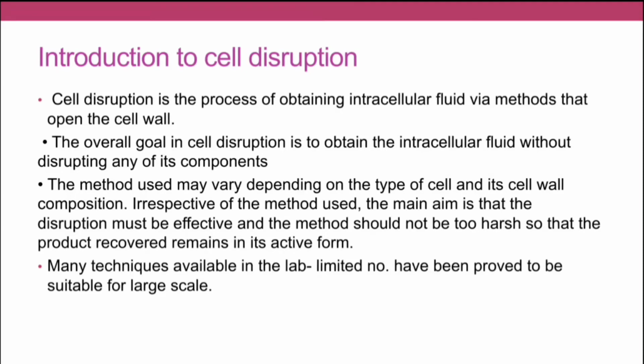But most of the antibiotics are produced extracellularly only. But other components, which are acids, amines, and enzymes, most of the enzymes are extracellular, but some are intracellular. So to remove these components from the cell, we have to disrupt the cell.